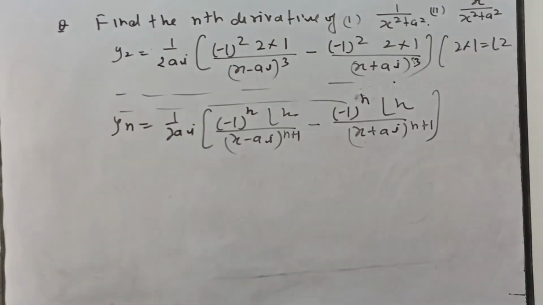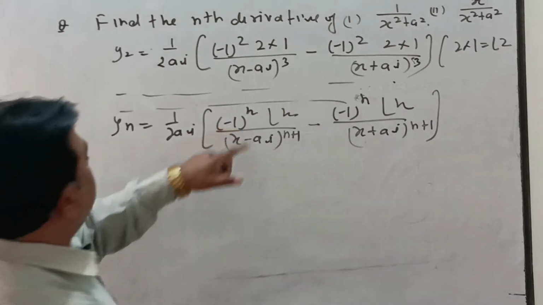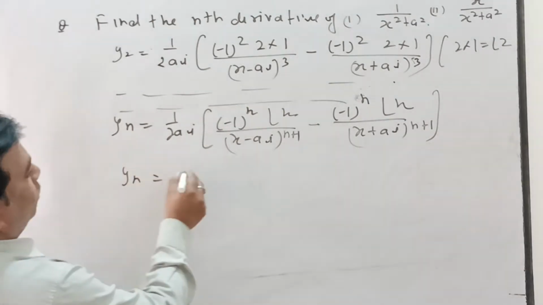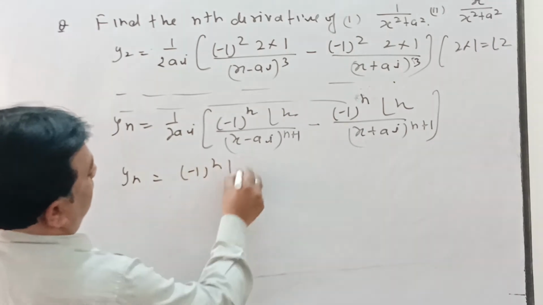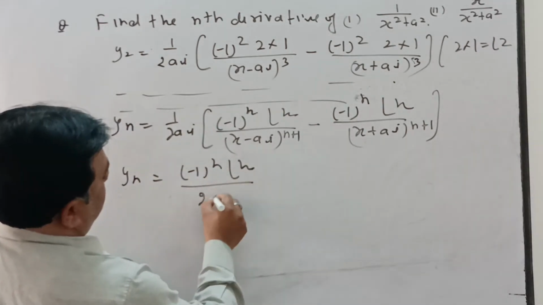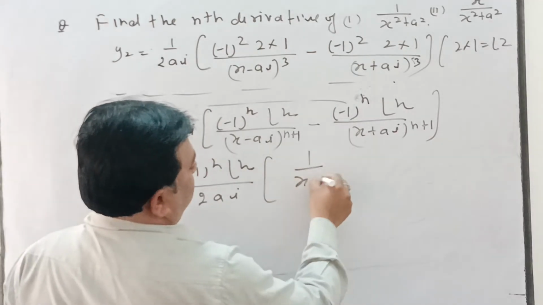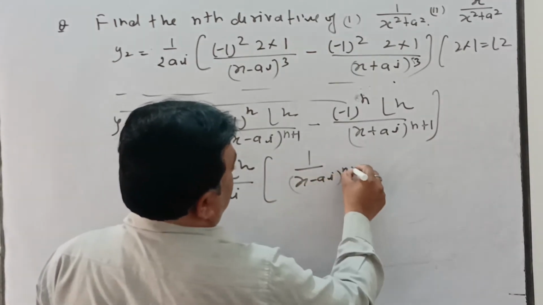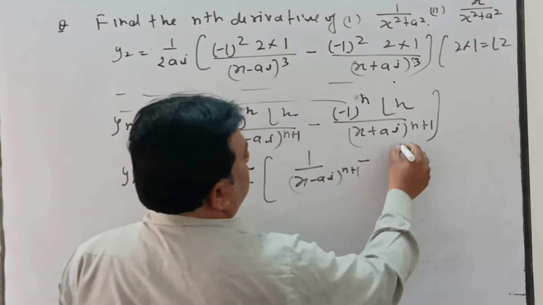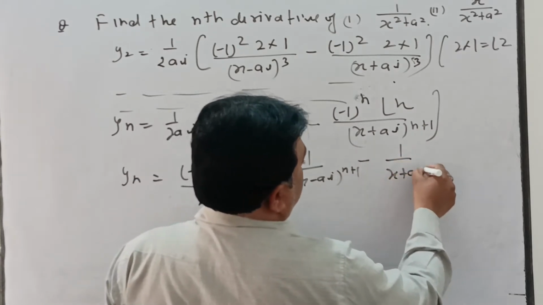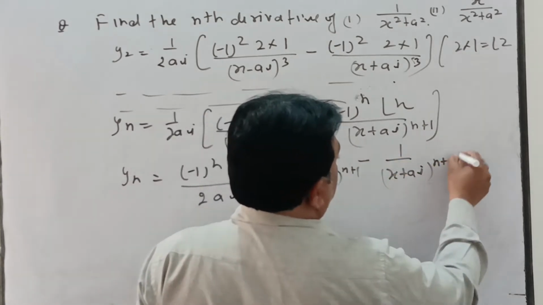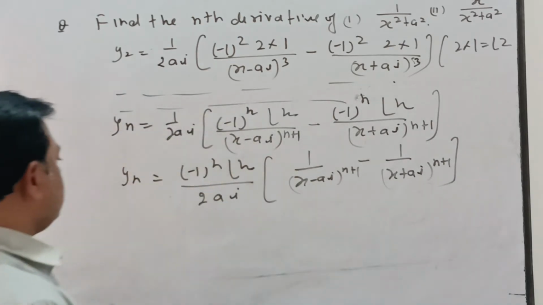Write the form of this, we take common out of the value, so y n equals minus 1 to the power n factorial n divided by 2ai, times 1 upon x minus ai to the power n plus 1, minus 1 upon x plus ai to the power n plus 1.